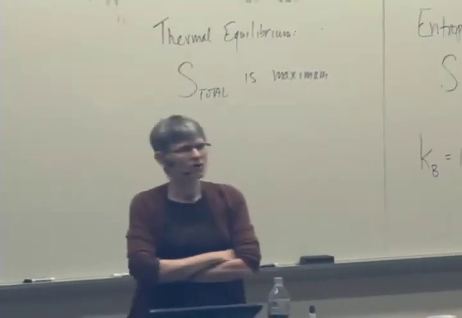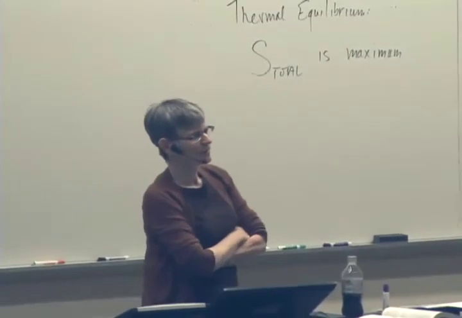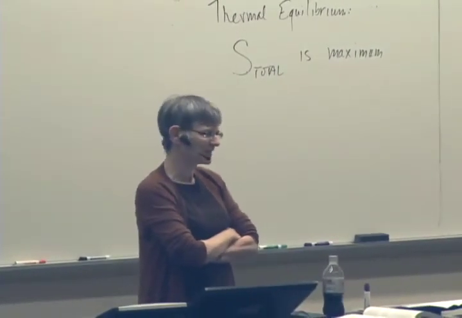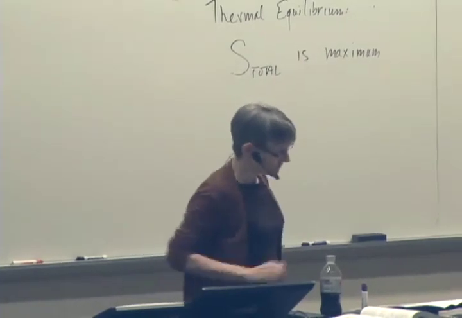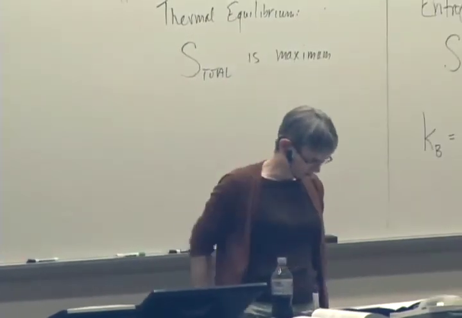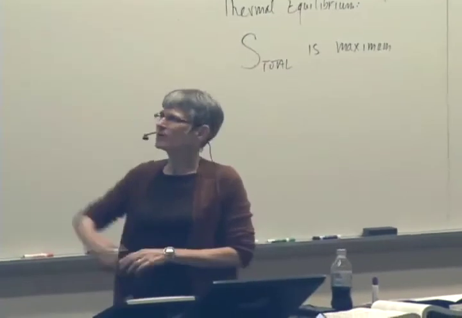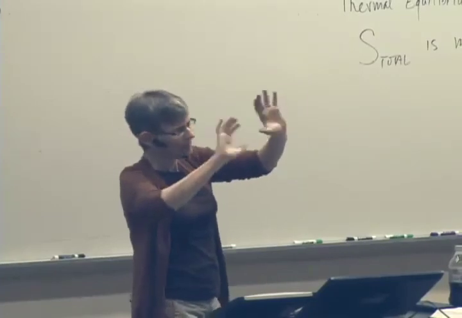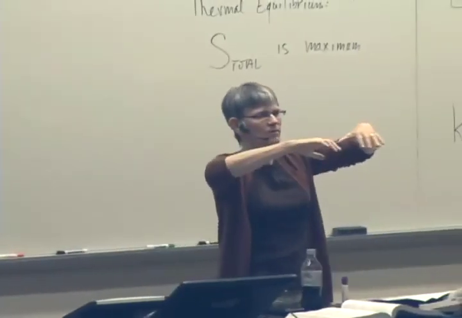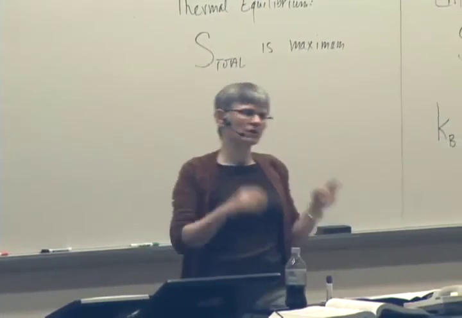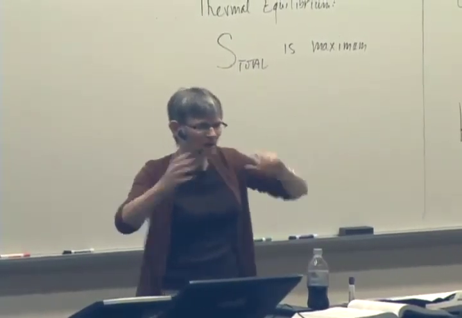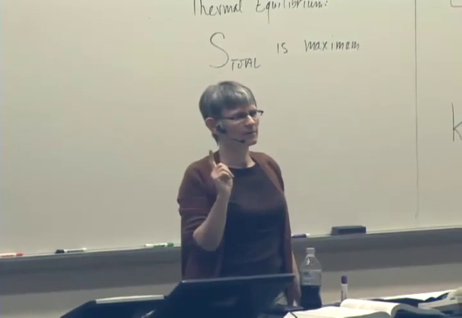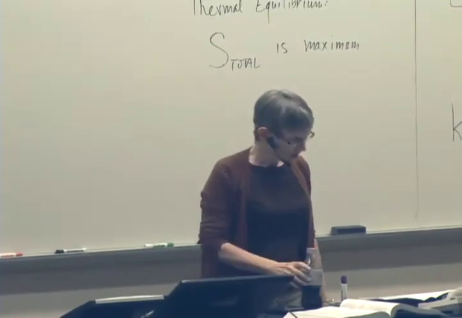So you've heard of the laws of thermodynamics. You may even know what they are. The first law of thermodynamics really is just the energy principle. Change of energy of a system is W plus Q. The second law of thermodynamics talks about equilibrium, basically, and it says if you take a system, whatever objects you're going to put into it, and you isolate it from the rest of the world, and you wait long enough, the most probable thing that will happen is that it will end up in a state where the entropy of the system is a maximum.